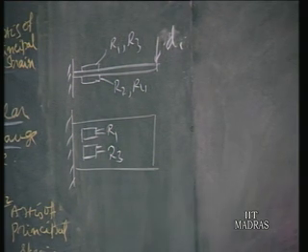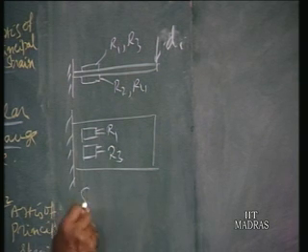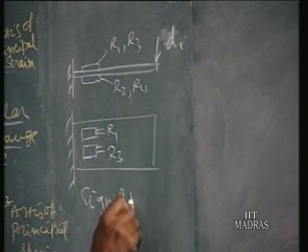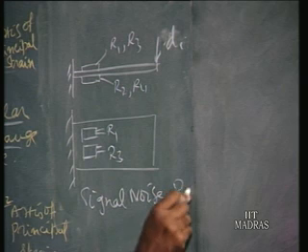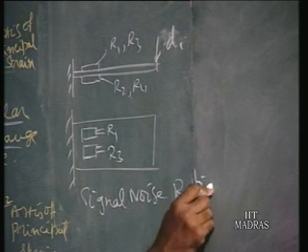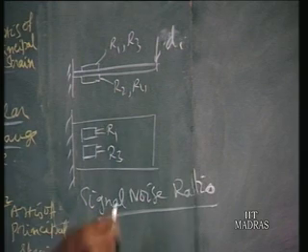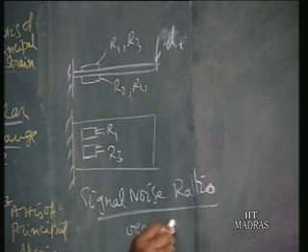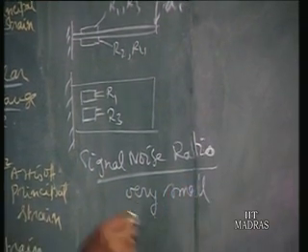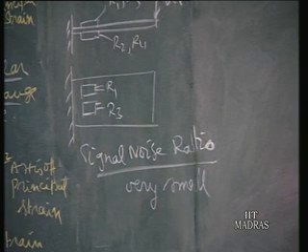Now one more point you have to see is signal to noise ratio. In most of the applications, we find the strain produced in the base member should be of sufficient magnitude. If it is very small, you find signal to noise ratio will be very small. If the strain produced is small, then voltage output will be small, and the noise in the instrument may be more.